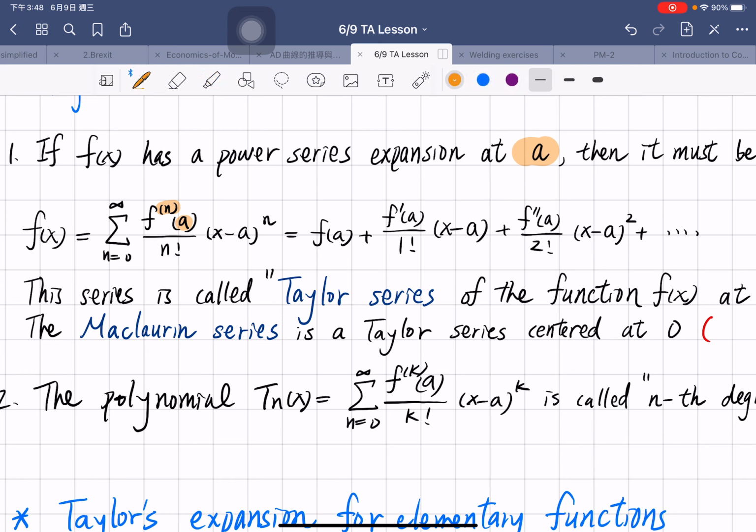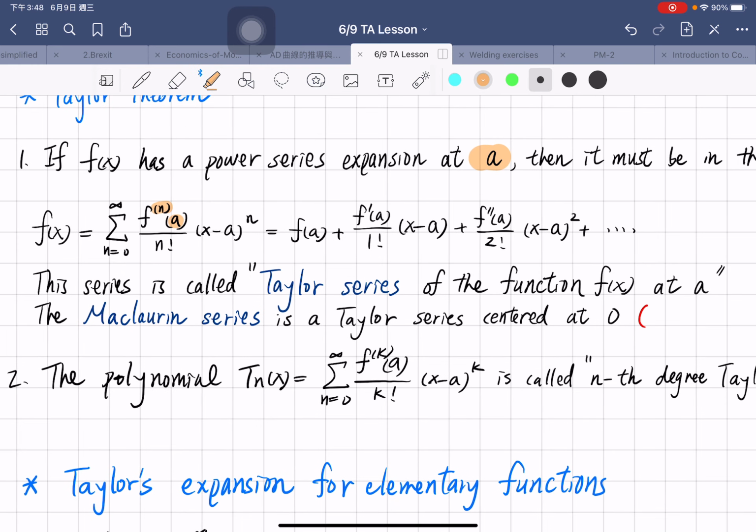Notice that when we want to expand some function, it is important to mention where we expand at. If we expand at 0, we will later talk about it being the Maclaurin series. If we expand at a different real number, you need to mention that.